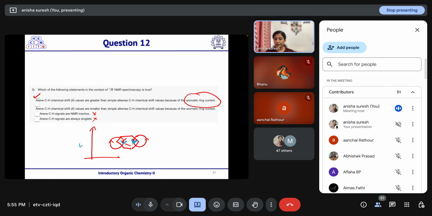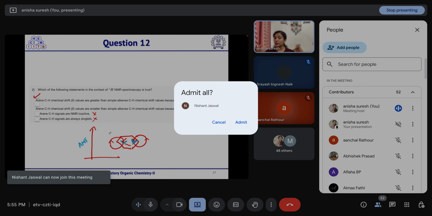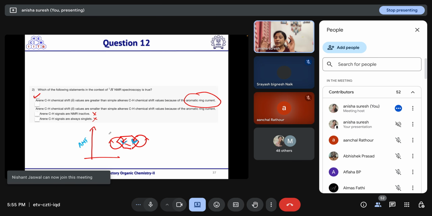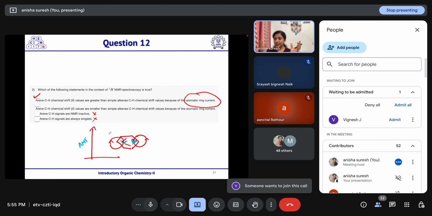This is the direction of the applied magnetic field, and this is the ring current. So when we keep a benzene or an aromatic molecule in an applied magnetic field, it generates a ring current such that it opposes the applied field inside the ring and reinforces it for the outer protons on the ring.